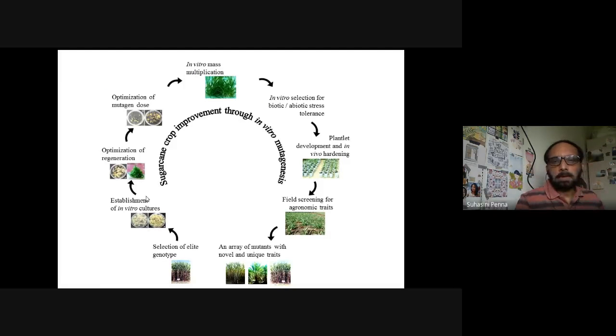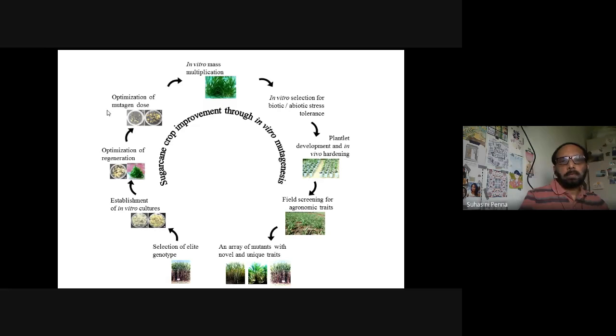This is the entire scheme that we have developed for sugarcane. It starts with an elite cultivar which has a certain problem. We develop in vitro cultures. I'll expand on each one of these in the later slides. We optimize regeneration, which has to be very high frequency regeneration.